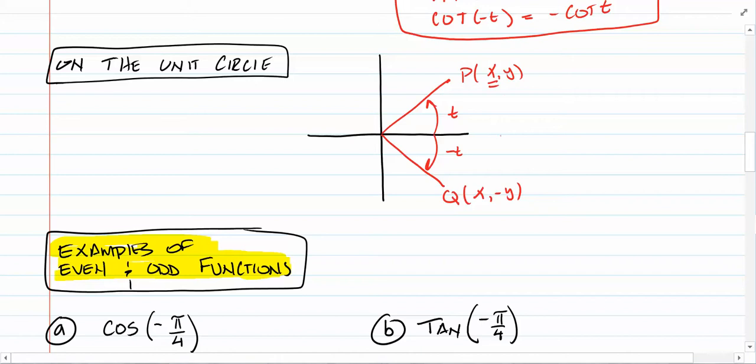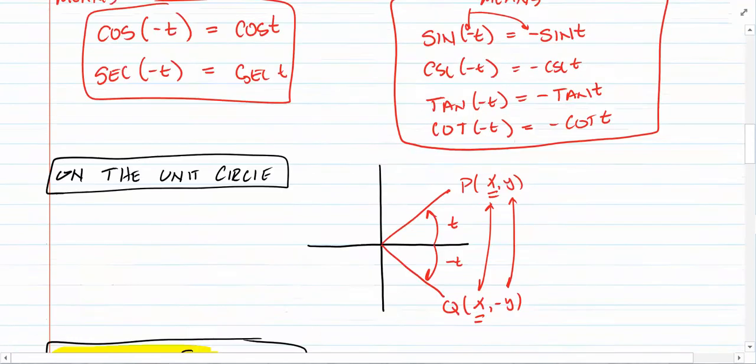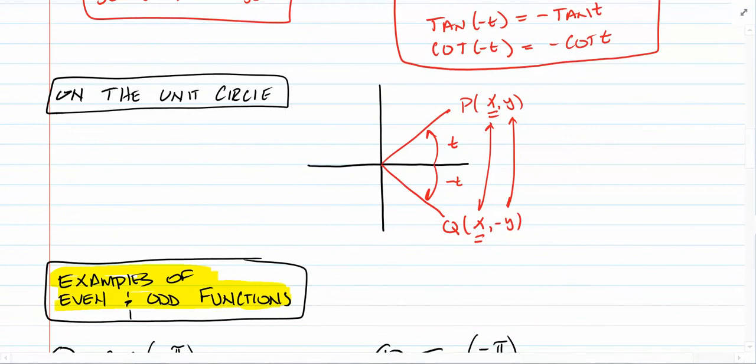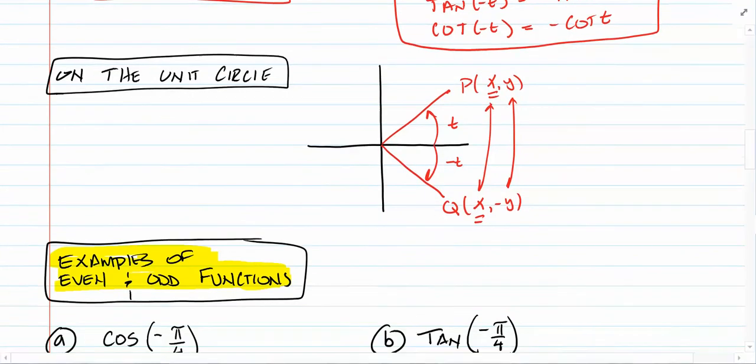So notice that the cosine for p and q, for t and negative t, are equal to each other, right? But the sine for t and negative t are opposite each other. That's what it means for cosine of negative t to equal cosine t, and sine of negative t to equal negative sine t. That's what it means on the unit circle.